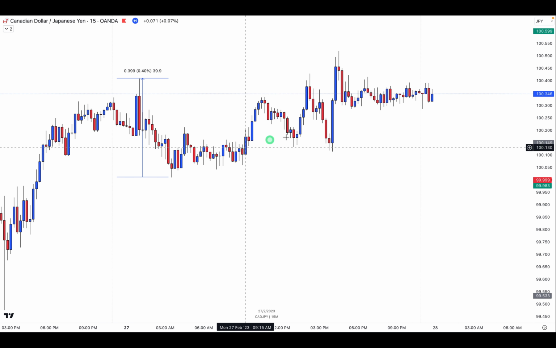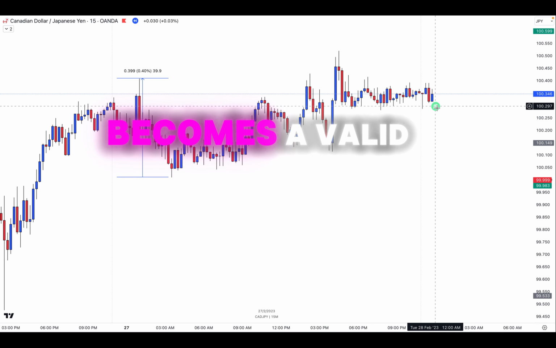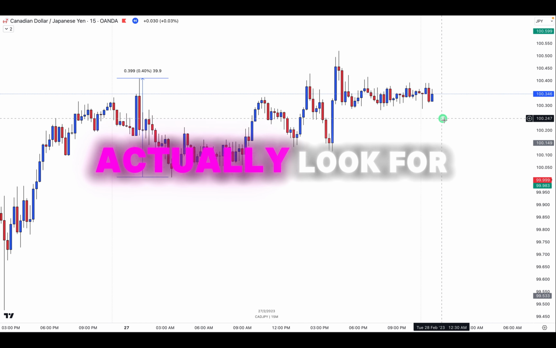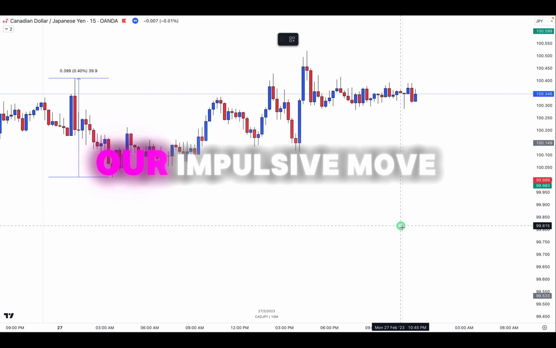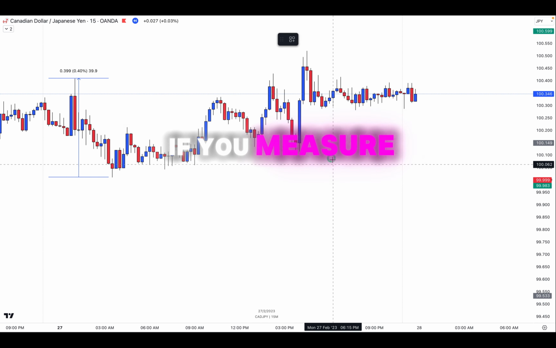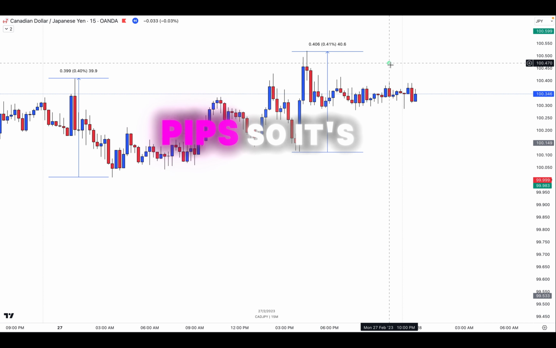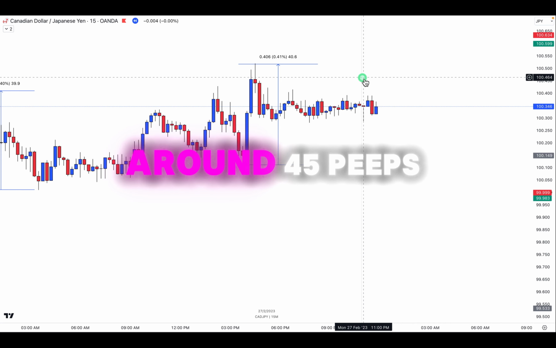And you can see here, since the previous day was trending bullish, this day becomes a valid day for us to look for trades on. Let's first measure our impulsive move. If you measure here, this is 40 pips, so it's not a very big impulsive move, which should be greater than 45 pips.